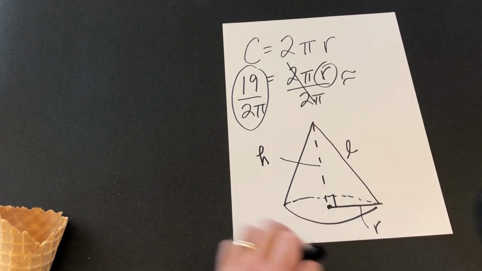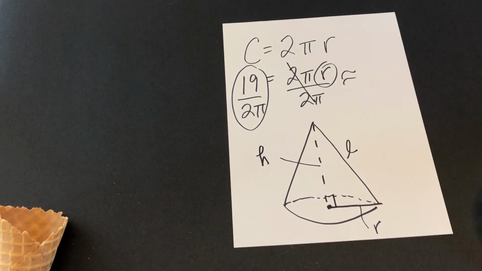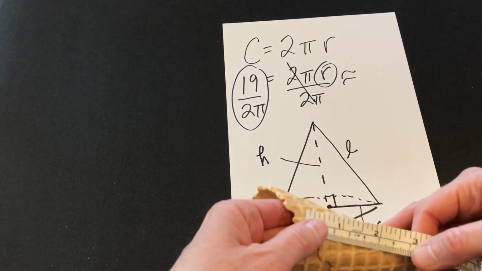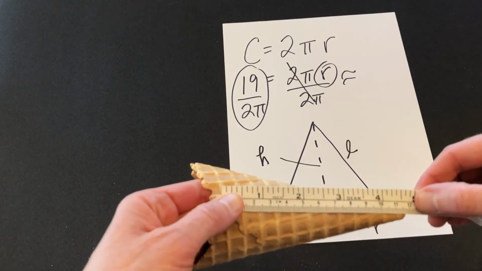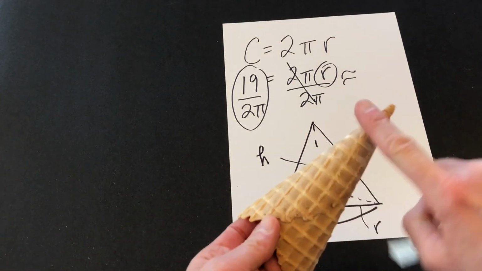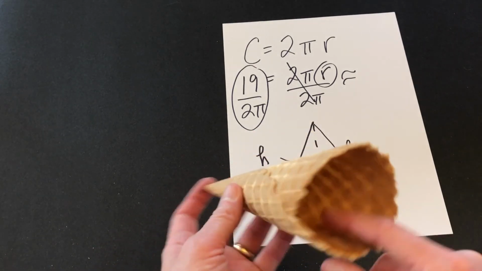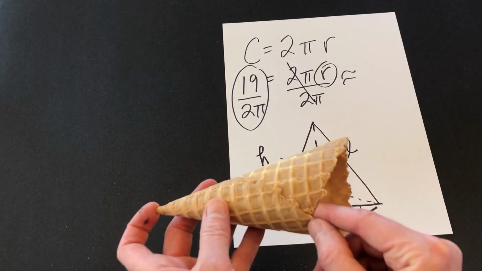Now, the slant height is easy to measure, right? I can take my ruler, a ruler would work, a tape measure would work. That's easy to measure. That's the slant height. But to get this vertical height for the cone I have, that would be kind of hard to get.